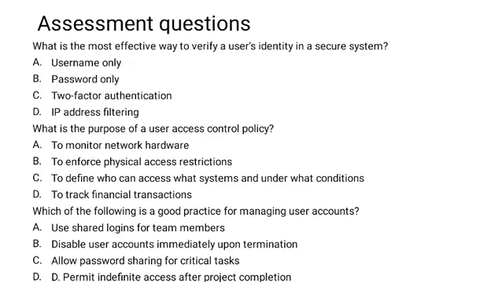To monitor the network hardware, to enforce physical access restriction, to define who can access the system under what condition, to track financial transactions. Which of the following is a good practice for managing user accounts? Shared login for team members, disable user account immediately upon termination, allow password sharing for critical tasks, permit indefinite access after project completion.